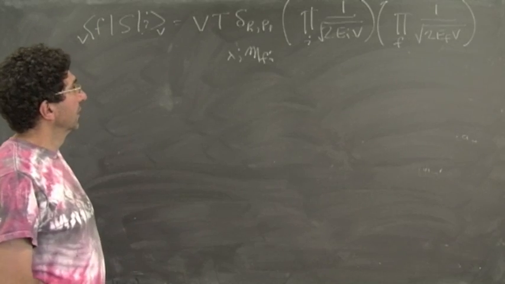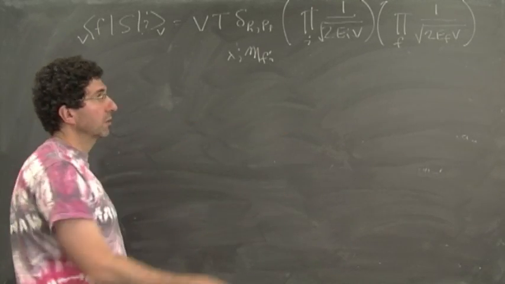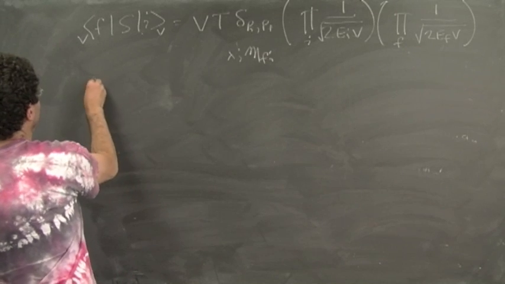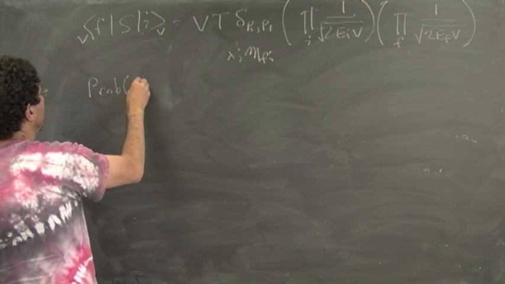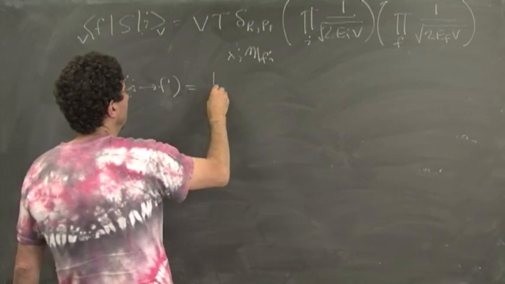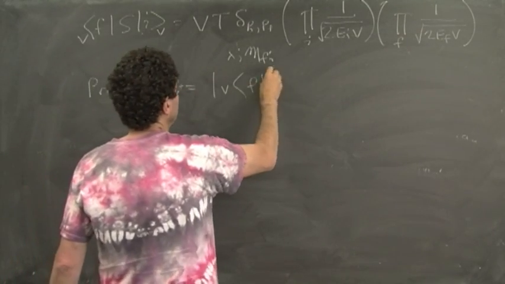So now it's written all in terms of discrete quantities, and so now we're just going to square it. So the probability to go from the initial state to the final state is now just equal to the square of this S matrix element.